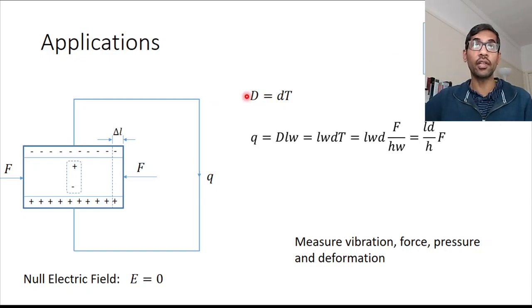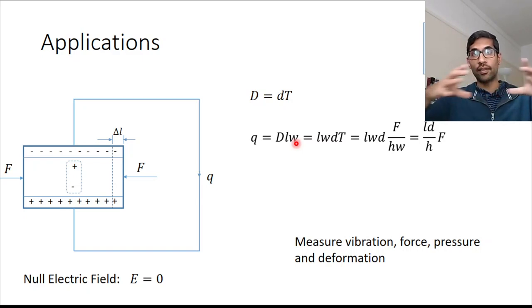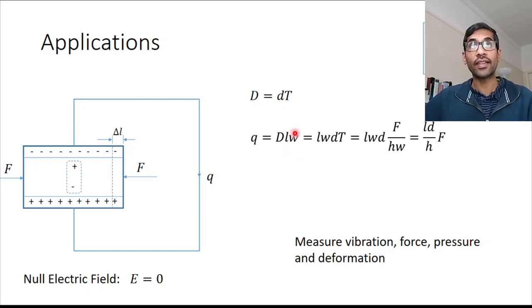Because of this equation, you will get a displacement which is equal to d times T, and this charge can be written as d times T times L into W. So the displacement is basically the charge per unit area in this case, and that is equal to d times T. So therefore, your charge is proportional to the force that you apply.